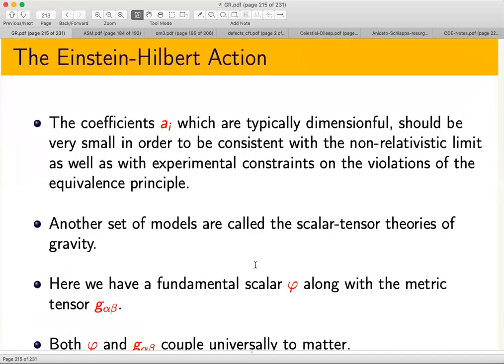Okay, fine. Now, besides writing terms of this kind, you could write down another set of models which are called scalar tensor theories of gravity. The scalar tensor theories of gravity have, besides G alpha beta, another fundamental scalar called phi, and you write down the action involving both G alpha beta and phi. But why is this a scalar tensor theory of gravity?